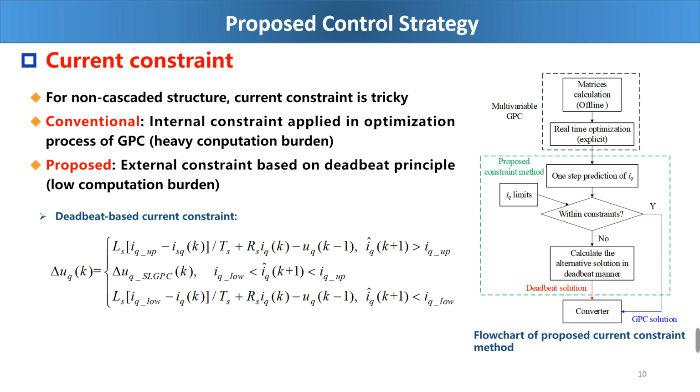But if we predict that the solution provided by the GPC will cause some overcurrent, we will abandon that solution of the GPC and replace it with the deadbeat-based current equation calculated in this way. So we have a choice between the deadbeat and the GPC, and this choice will only happen when the current constraint is triggered.